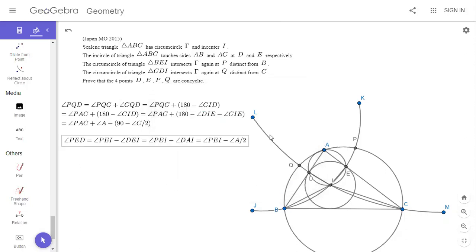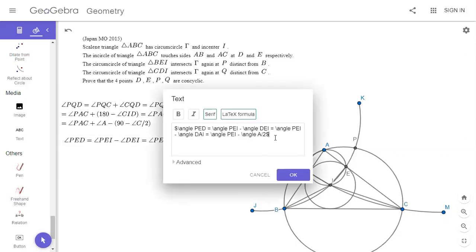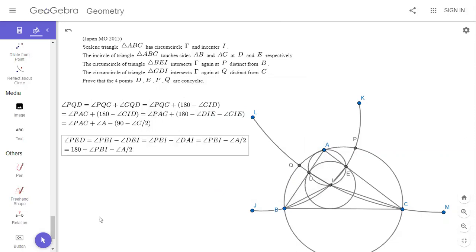Okay. Now for PEI, that's 180 minus PBI. So I can't believe this is really just an angle chase. It looked like it was deeper than that, but I guess not.